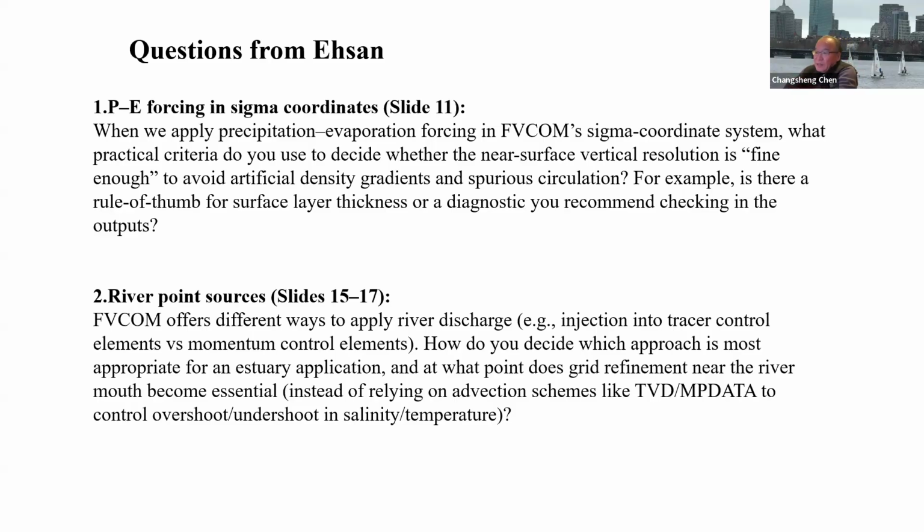So, for the second one, a really interesting question. Be very careful when you put precipitation and evaporation into the model. The reason is that when you use sigma coordinate, if you have uniform rain or uniform fresh water precipitation at the surface, the surface layer is not like the S coordinate with the same thickness. The thickness changes with the topography, just for the surface layer.